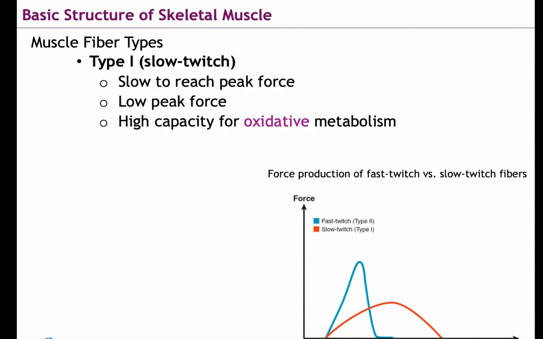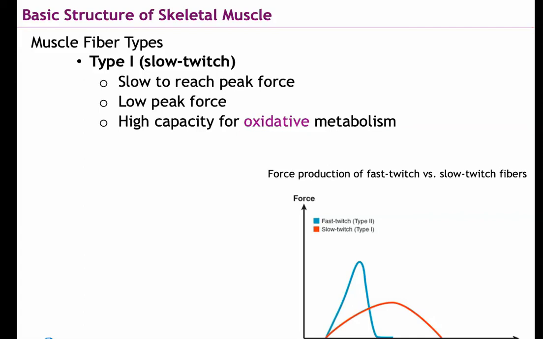Okay, so let's go into more characteristics. We have to know the difference between the two. We already know type 1 is slow twitch. Slow twitch means it's slow to reach peak force. We can look at the graph down here, you can't see the x-axis, but it's over time, measured in milliseconds. Look at the red line compared to the blue line.